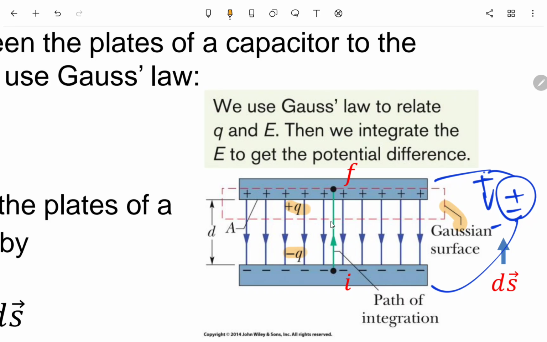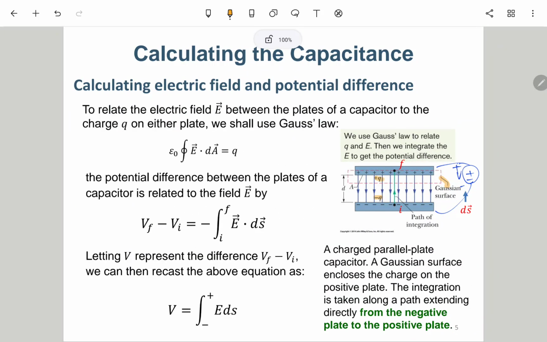But those two faces won't contribute, because you can clearly see that the face here is all the way perpendicular to the E field, so E dot dA won't contribute anything.